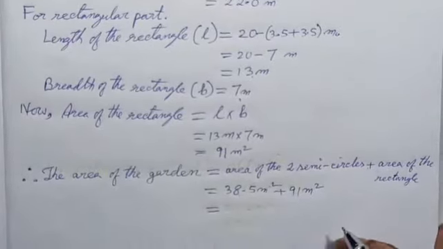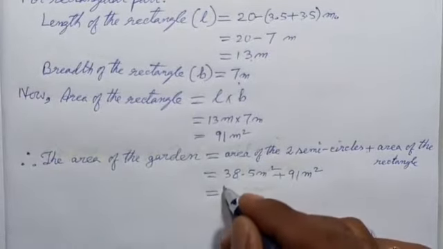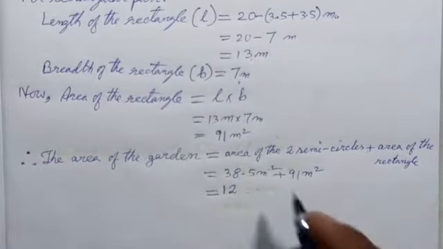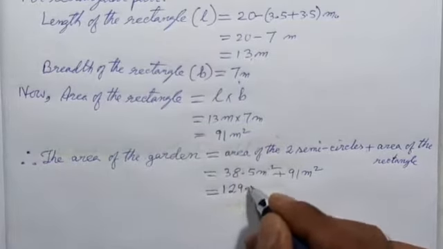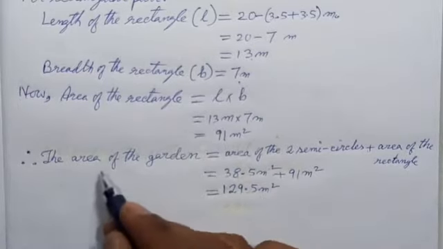If we add together, then we are getting 129.5 meters square. This is the area of the garden.